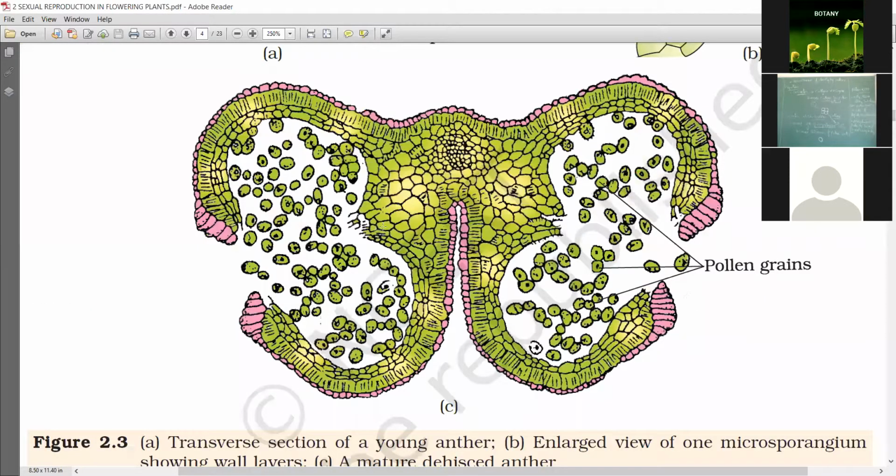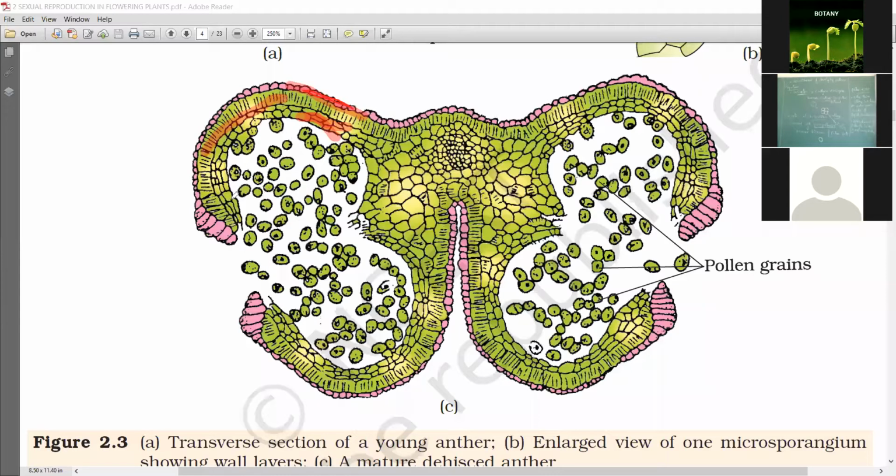This is the matured anther and dehisced anther, where dehiscence has also taken place. That means the dispersal of pollen grains also took place. Here also we can observe where epidermis is, endothecium is this one, middle layers are these, but here tapetum is absent.